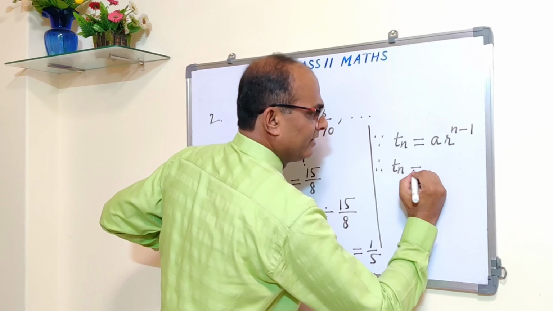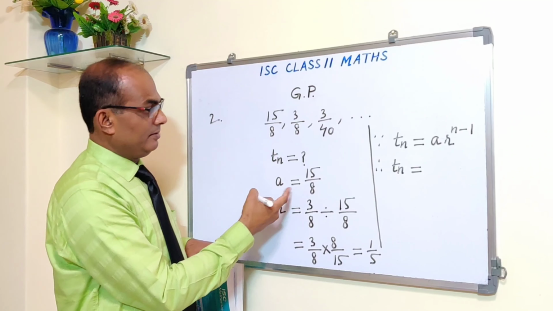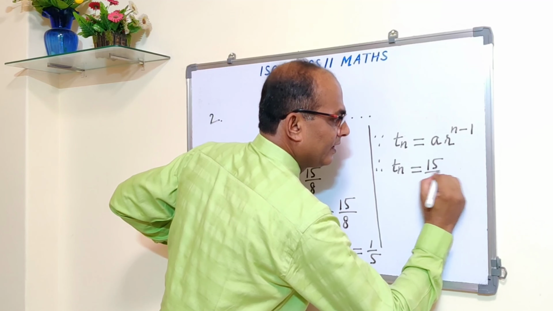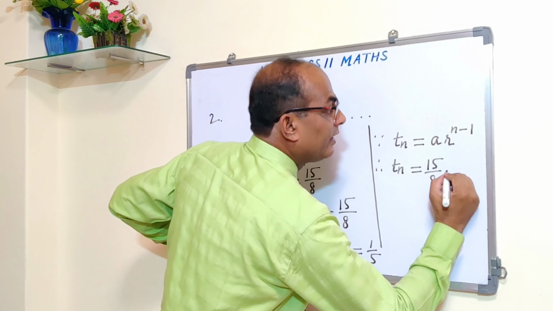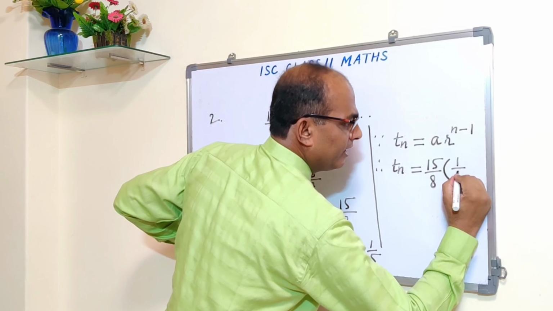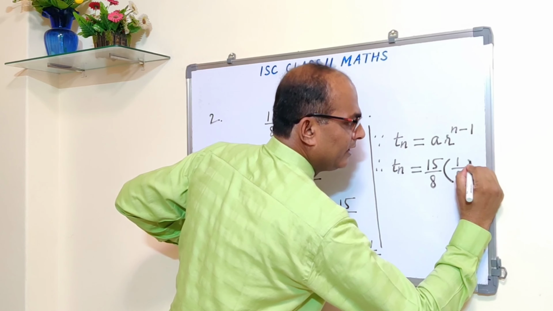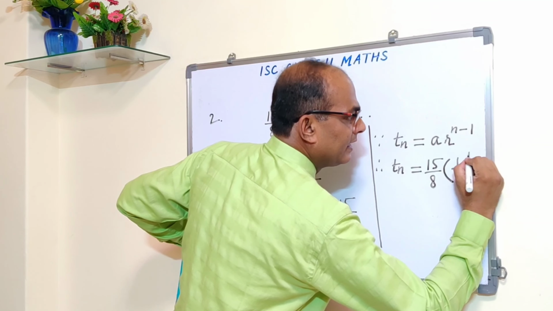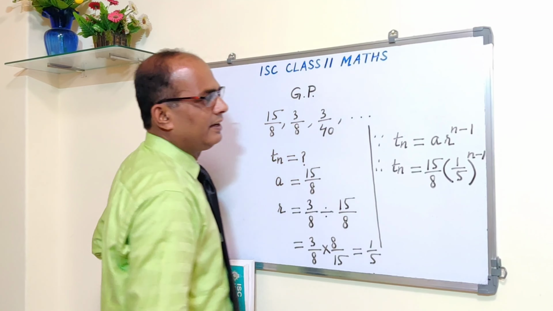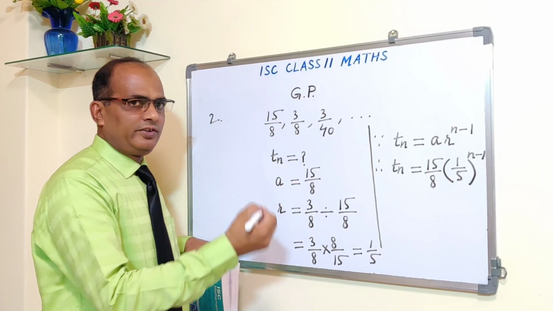Therefore Tn is equal to A. A means 15 upon 8. Now R, what is R? R is 1 over 5, whole raised to the power n minus 1. Alright, now this is your answer.